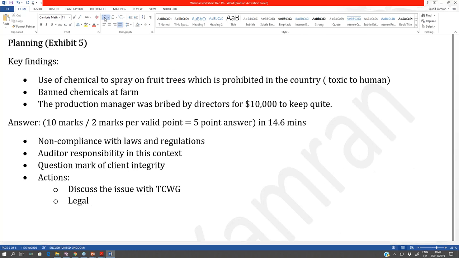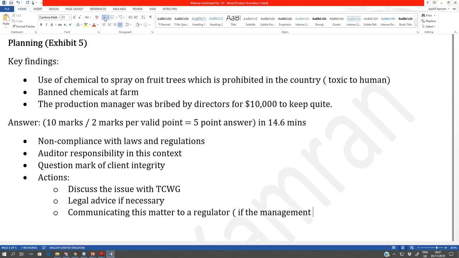I might be taking legal advice if necessary for the non-compliance with laws and regulations, or I might be even taking an action of communicating this matter to a regulator if the management fail to respond. If the management failed to respond to this non-compliance and failed to take an action on this point, I will be communicating this matter to the regulator, but that has to be my last action.